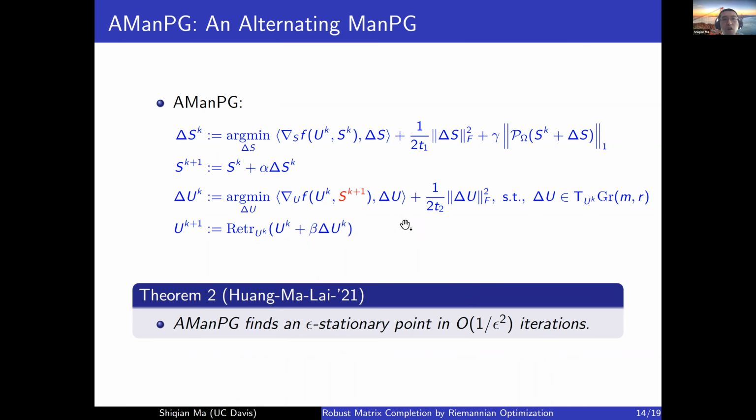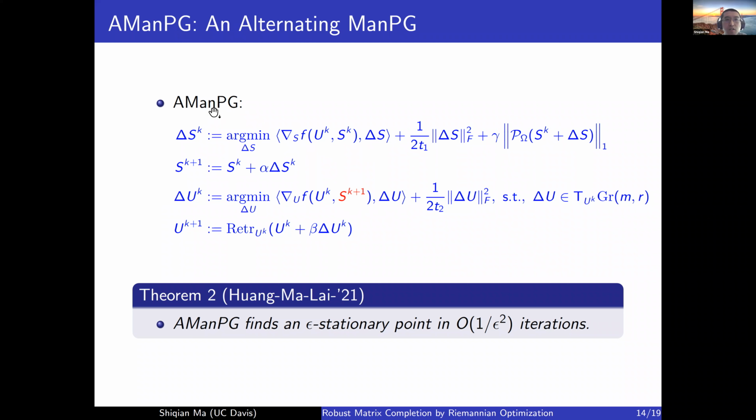Now I propose a variant of this ManPG algorithm. Basically, after we update SK this way, we obtain SK plus 1. Then in the next step, when we compute delta UK, we need to use the latest information of S. So instead of using SK, we use SK plus 1. In the original ManPG algorithm, this part is SK, but in this variant, we replace SK by SK plus 1.